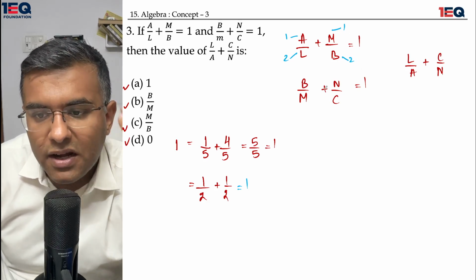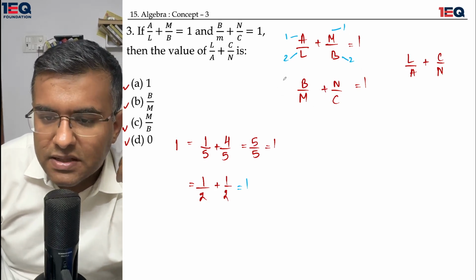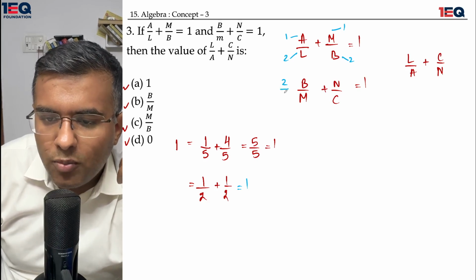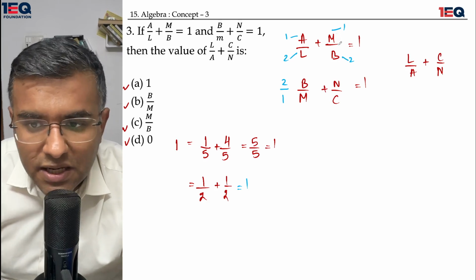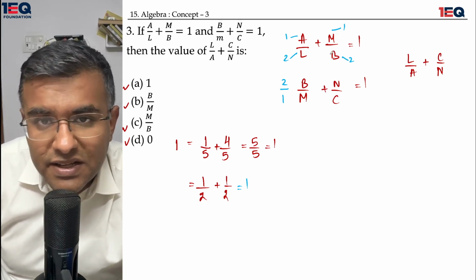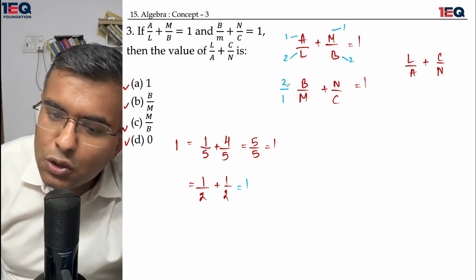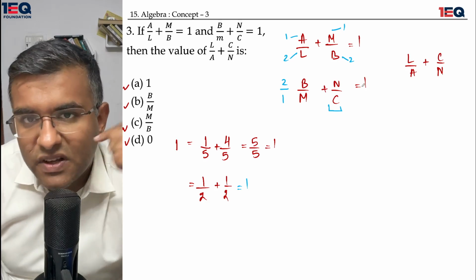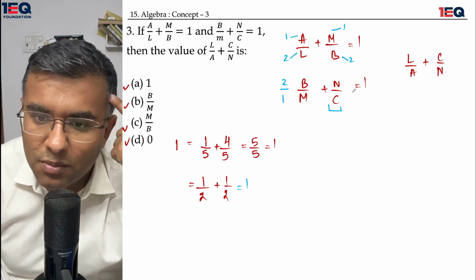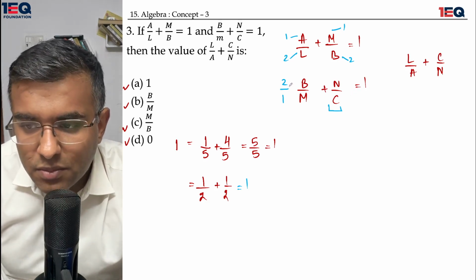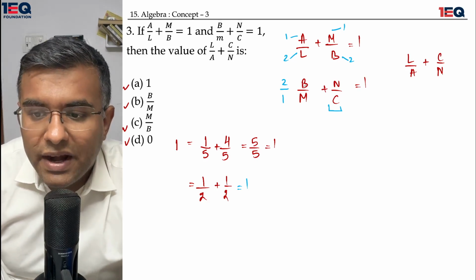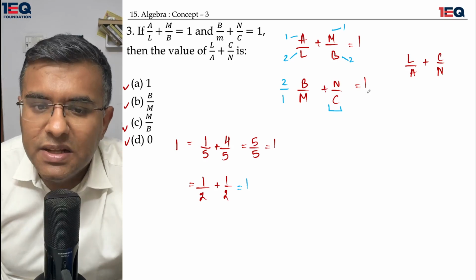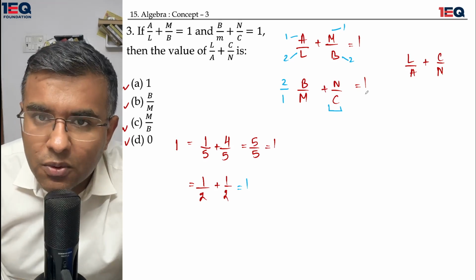When I apply it back over here, this tells me 2 upon 1, because the value of b and m have been set and they have been assumed very well. So this says 2 upon 1 plus something is also going to be 1. Now this is the problem. I already have a number with me which is bigger than 1, and I need to make it 1. That means we have to subtract something out of it.